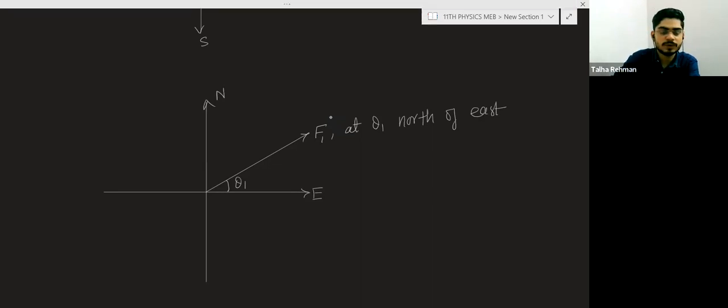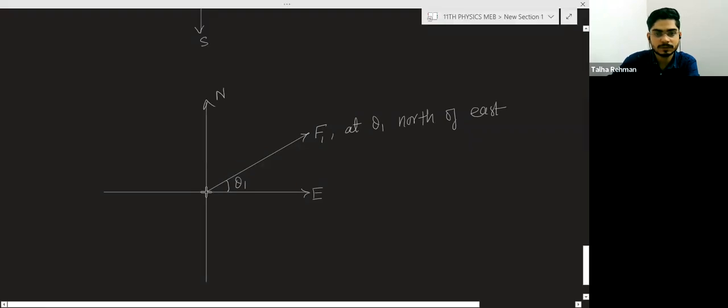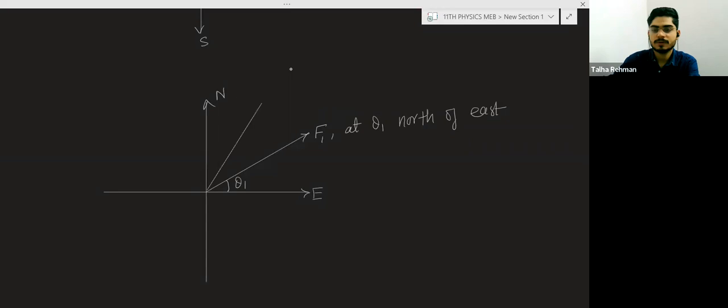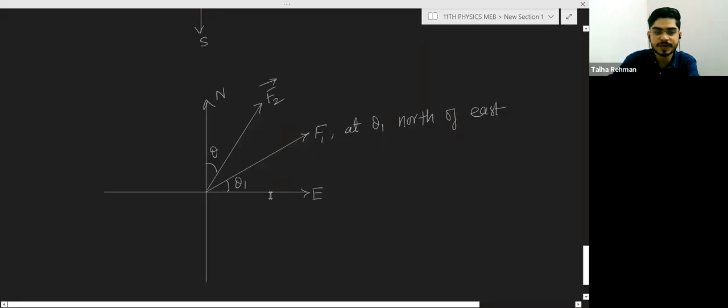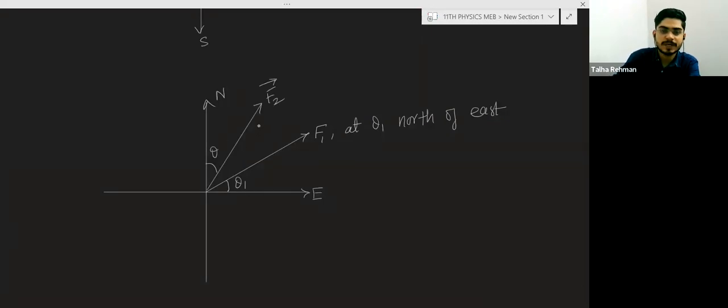So if your force is given like this, and this force is making an angle θ, suppose this force vector is F2. And suppose this is making an angle theta 2.